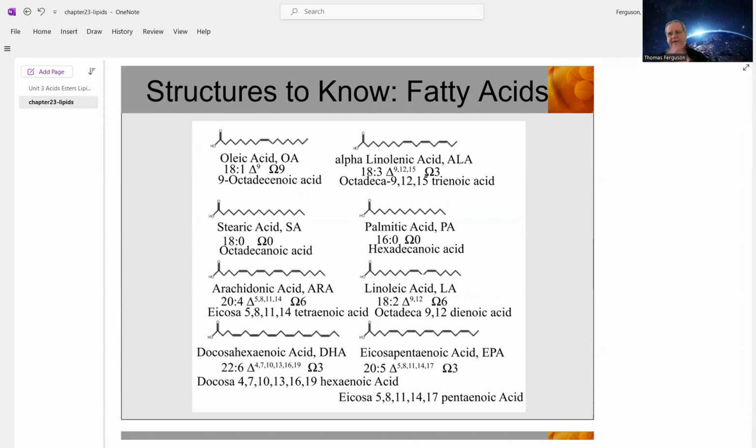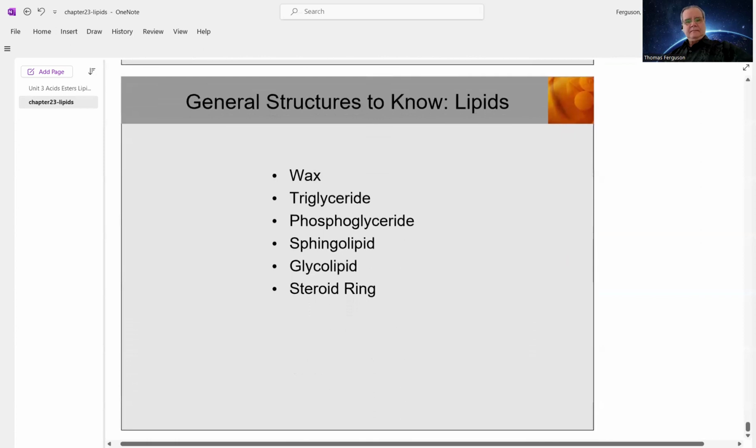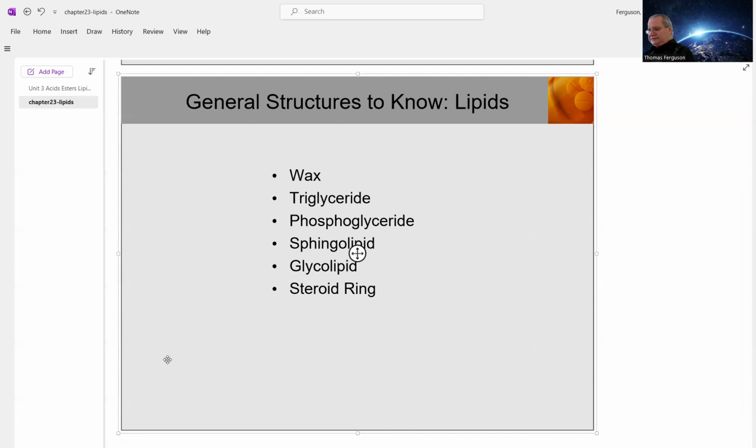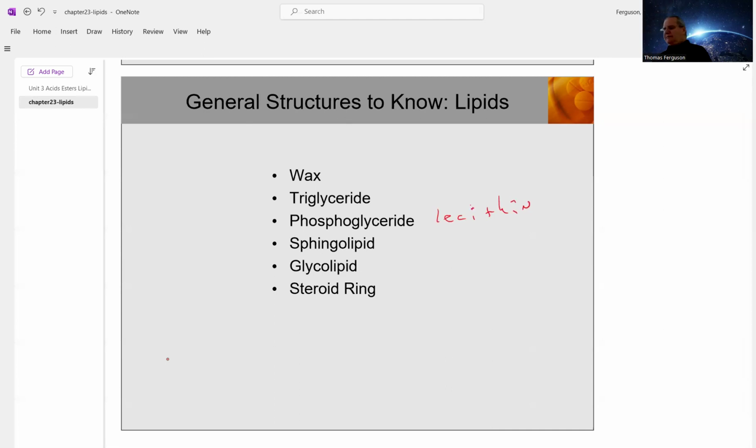Okay, so these are fatty acids. And these are the lipids. Now, in steroids, all you need to do is the basic 4 cyclic carbon rings. And an example of a phosphoglyceride would be lecithin.